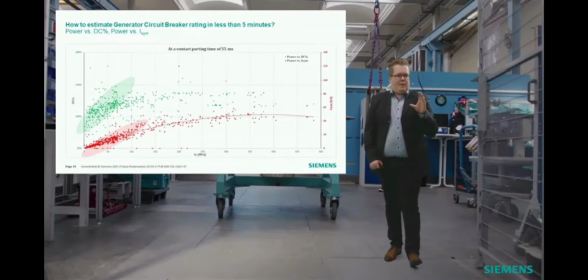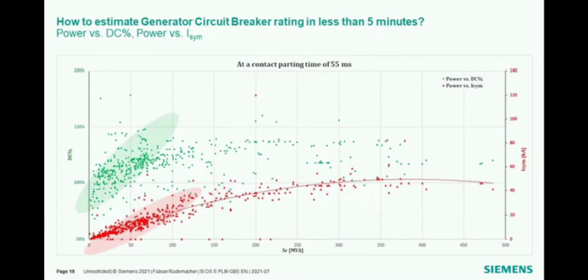And then a last slide I want to show on the data which we have collected is the power versus DC percentage and the power versus the symmetrical breaking current. We again have a huge cluster of the power versus DC percentage up to a power of 100 MVA, which is in the range from 100 to 120%.